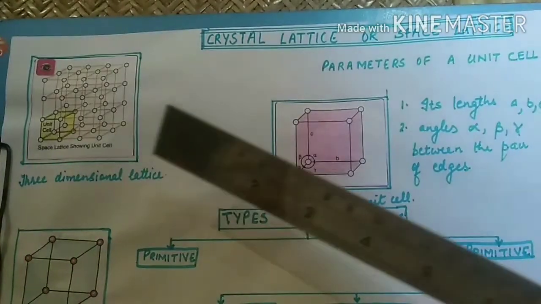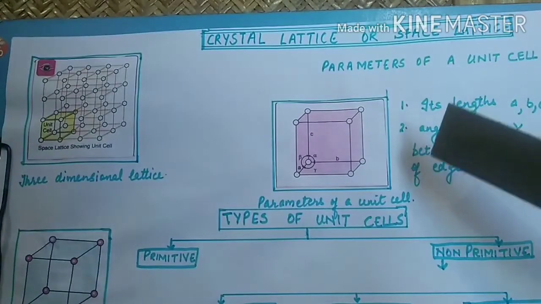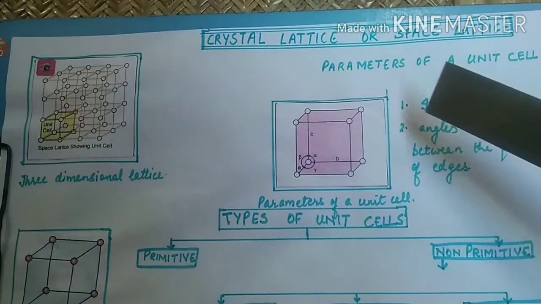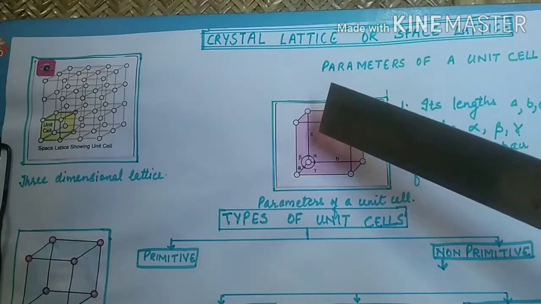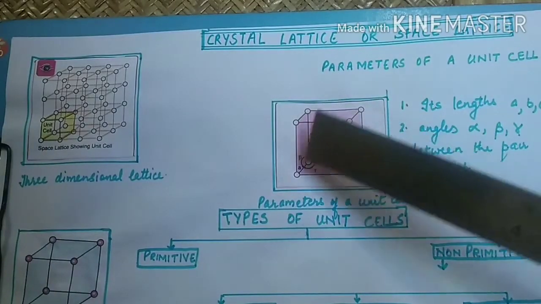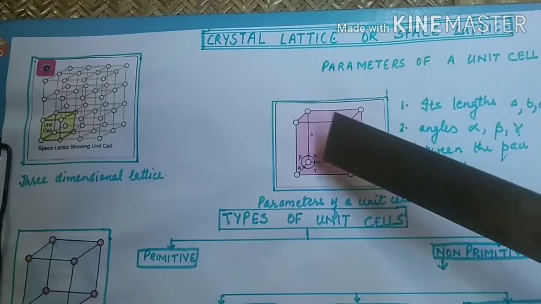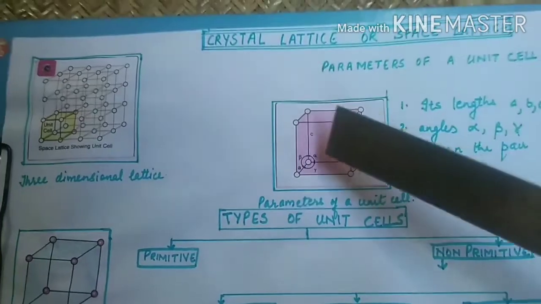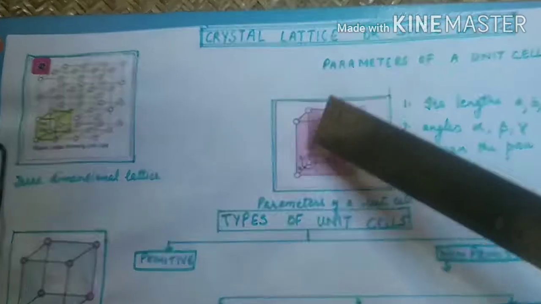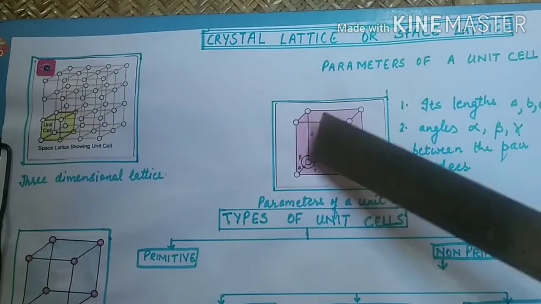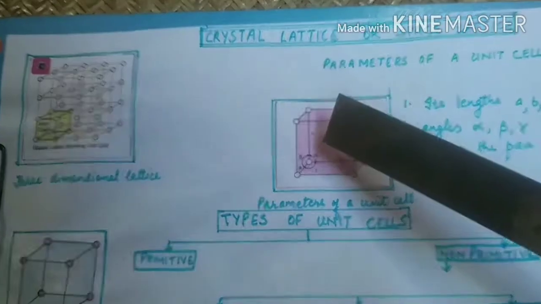There are different types of unit cells and they can be characterized by 6 parameters. The 3 lengths of the unit cell, the length, breadth and height, which are marked A, B and C in this diagram. A is the length, B is the breadth and C is the height.